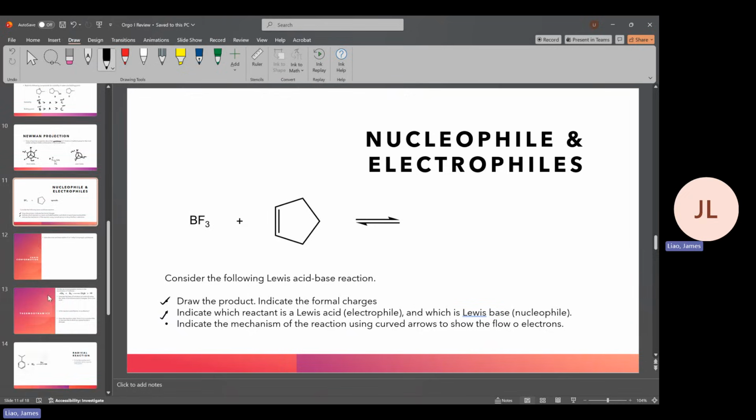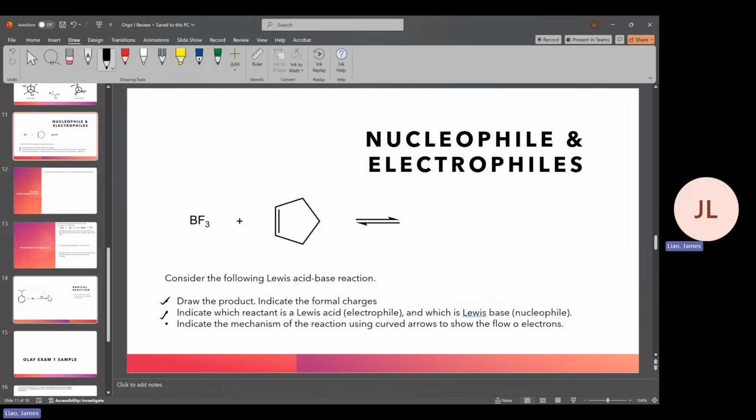Our next question is nucleophiles and electrophiles. So this is basically a general statement of what our Lewis acids and bases are. Lewis acids and Lewis bases have their own terminology, which basically means electron rich and electron poor. The ones that are electron rich are Lewis bases. They are known as nucleophiles.